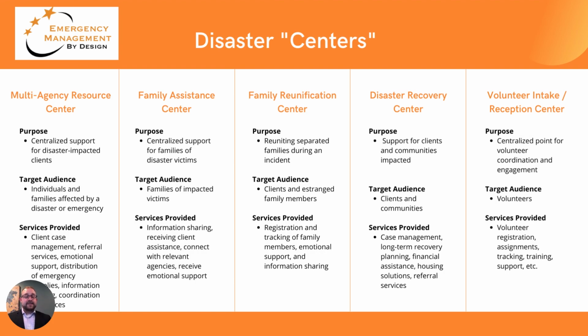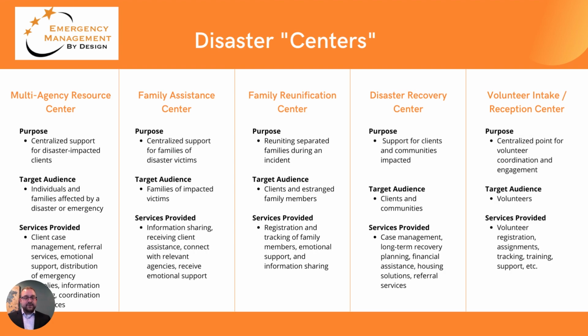A family assistance center is typically seen following some type of large scale transportation related incident, like an airplane crash or train derailment, or following a multi casualty incident or mass casualty incident, an MCI. A family assistance center is intended to provide centralized support for families of disaster victims. And again, the target audience is the families of the victims themselves.